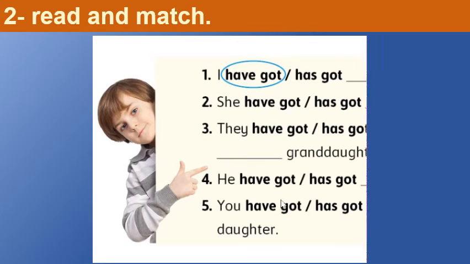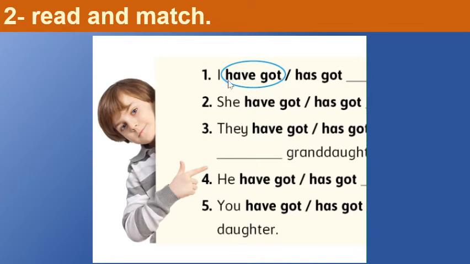So let's do this exercise about have got and has got. You have to choose the correct answer and circle it. For example, the first sentence is done for you. 1. I have got or I has got.